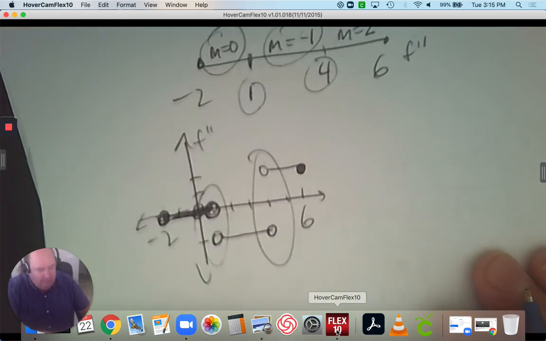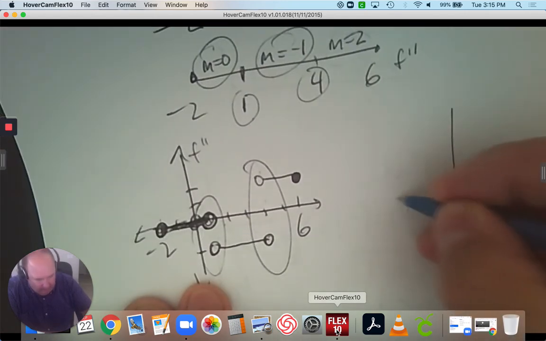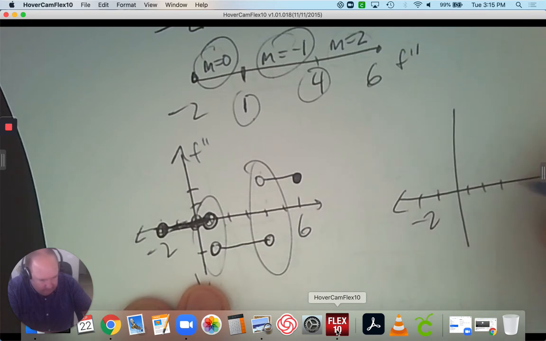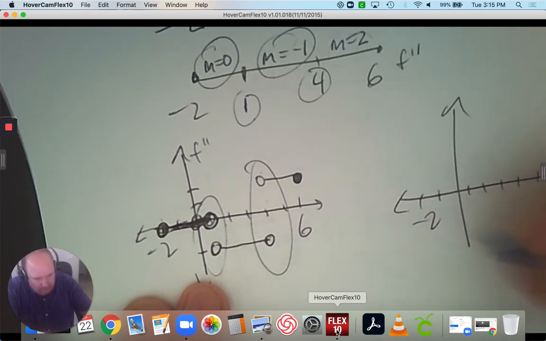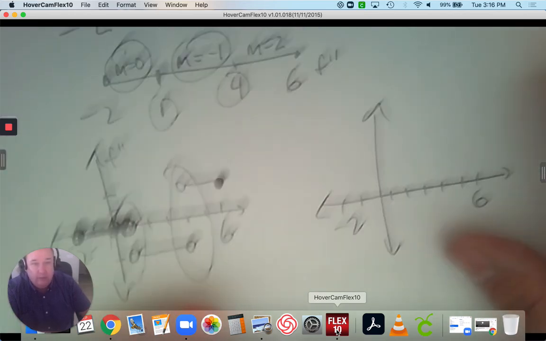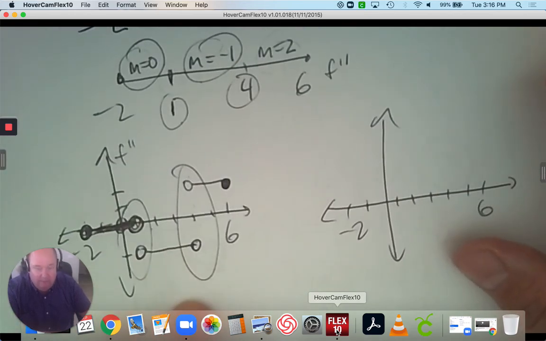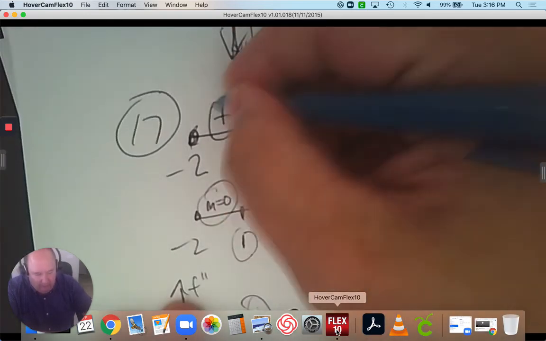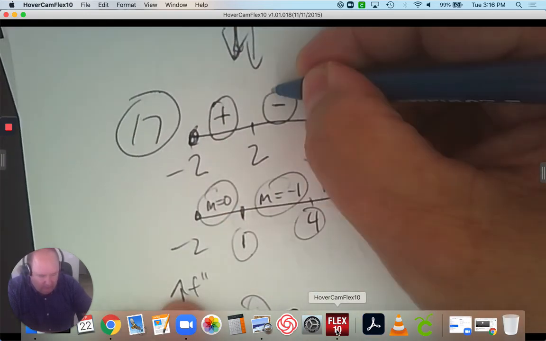All right, how about the graph of the function now? And again, it goes from -2 to 6. And does it give you a starting point? No. So no starting point, so we can pick our own starting point. But we have a roadmap here. And so the roadmap is it increases and then it decreases.